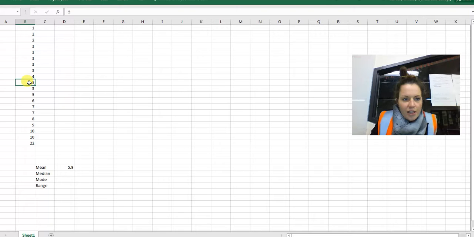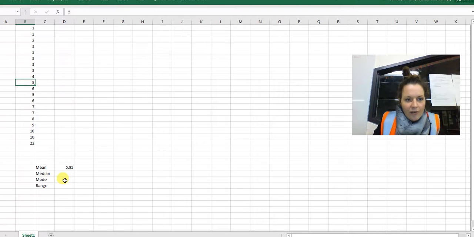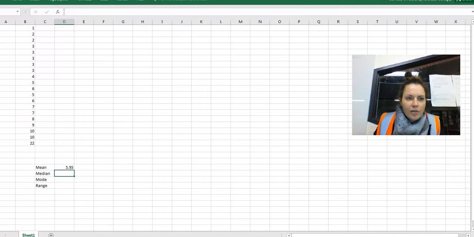On 10 is 5, and that is 5 as well. But say, for example, if this was 6, which it's not, what you'd have to do is add these two numbers together, 5 and 6, and divide it by 2. That would give you 5.5. So then you would say that your median middle number is 5.5, but in this scenario it wasn't.